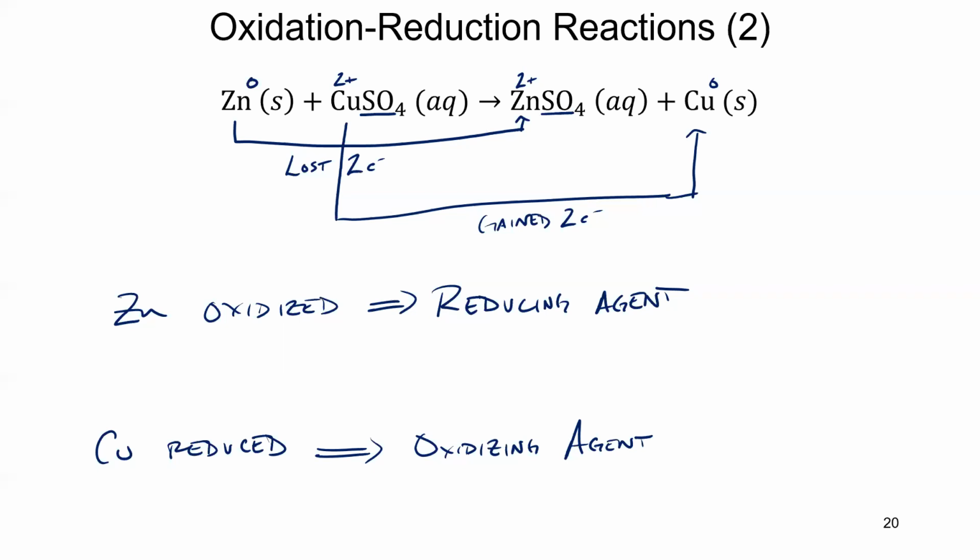Okay. So being able to identify what's being oxidized, what's being reduced, and then identifying oxidizing agents and reducing agents is a big part of this week's Alex. What I've written up here, we call these oxidation numbers.